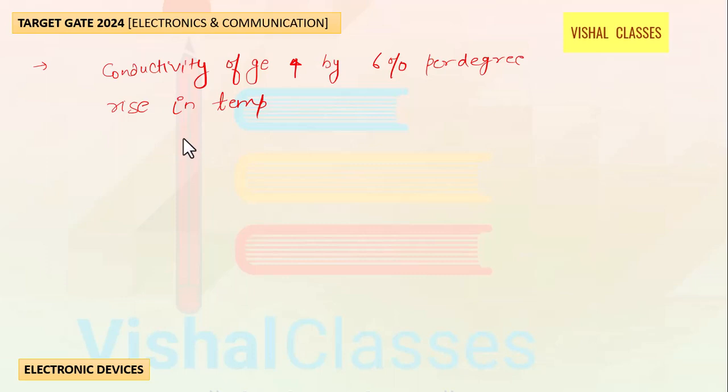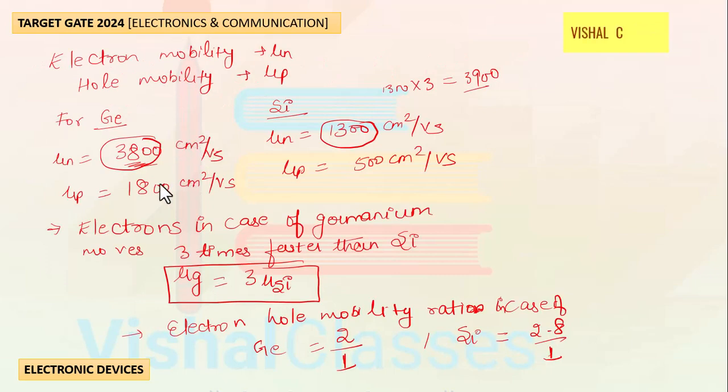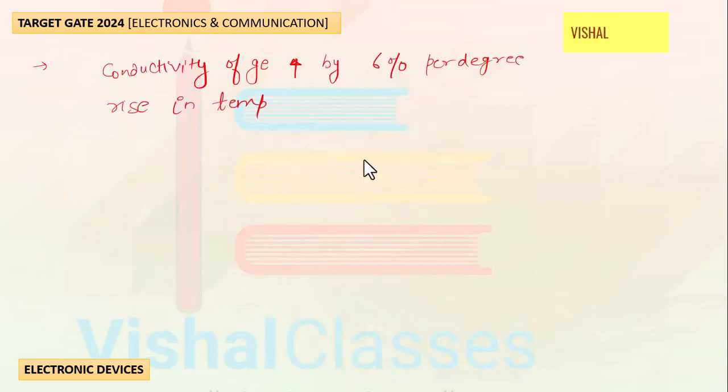Also, in the previous slide you have seen electron mobility is always greater than hole mobility. 3800 is greater than 1800, 1300 is greater than 500. So electron mobility is always greater than hole mobility.